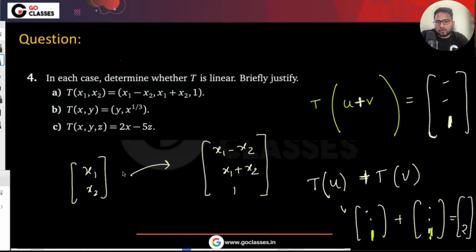Now let's check B. For B, let's take some values. Maybe I can take a counterexample using some values. Let's take a vector x, y. I want x to already have the power of 3.